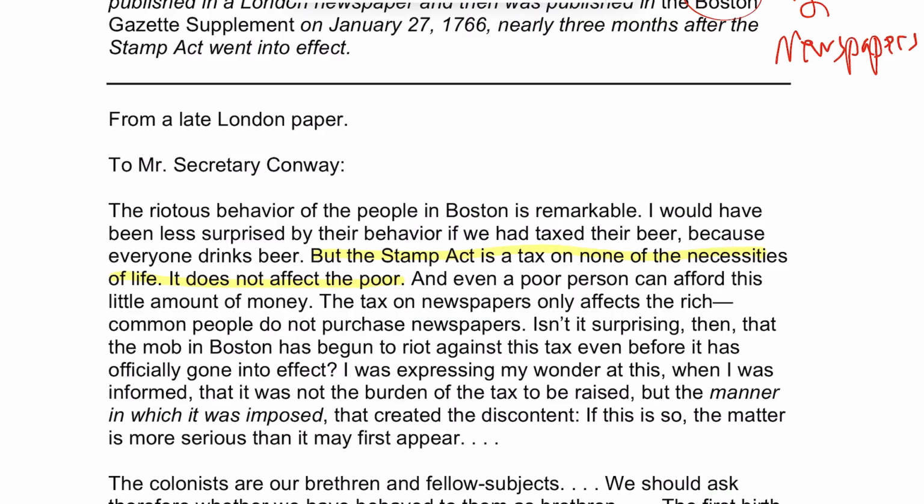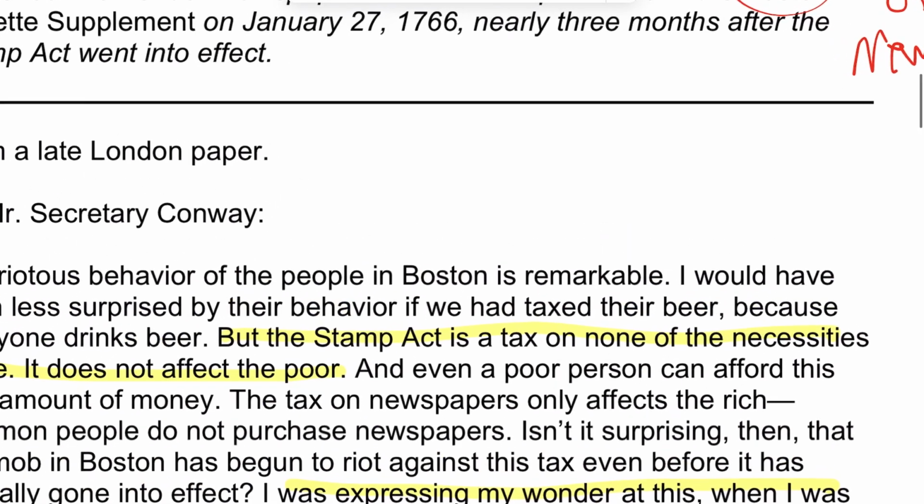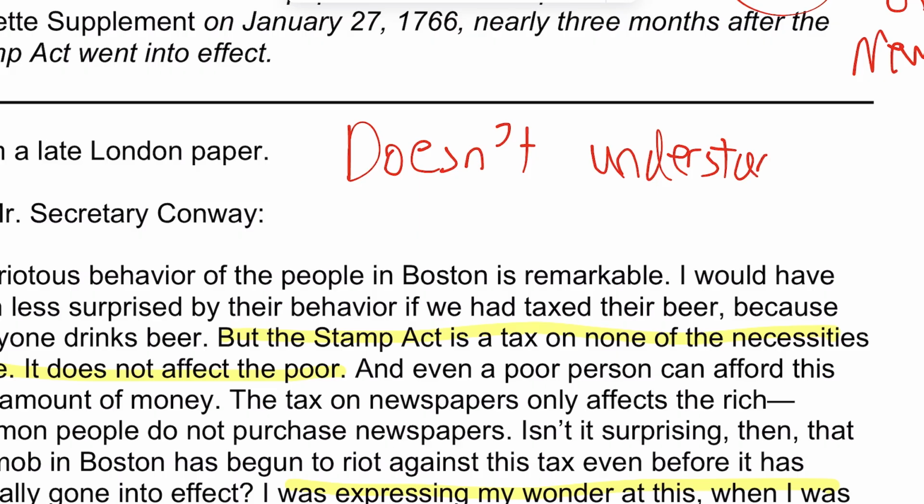This right here is where I want to stop and pause. That created the discontent. If this is so, the matter is more serious than may first appear. Okay, a lot going on here. Originally, my thought when first reading this was that Will Alfred was going to be pro-Britain. But Will expresses that he doesn't understand the outrage of the actual act.